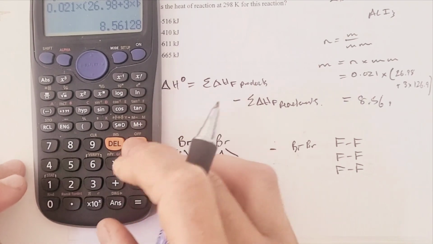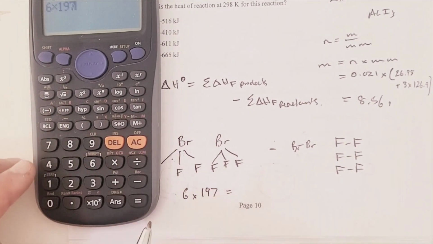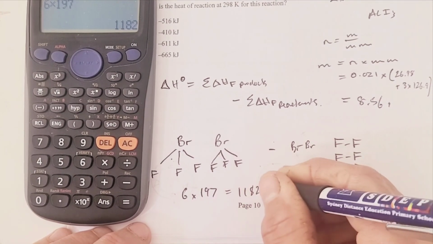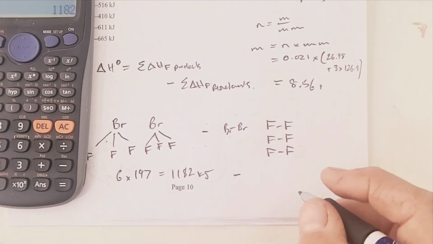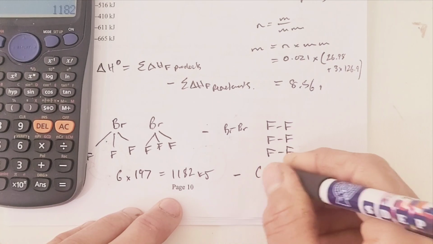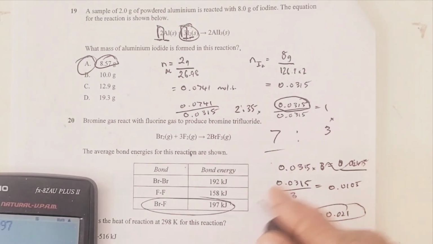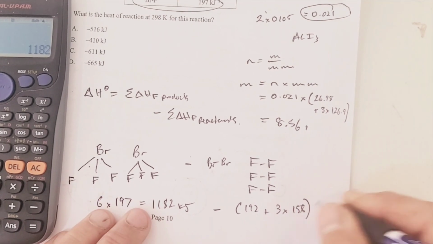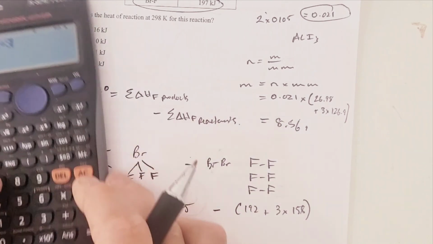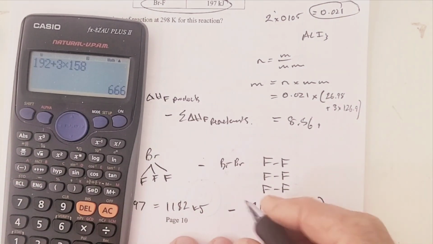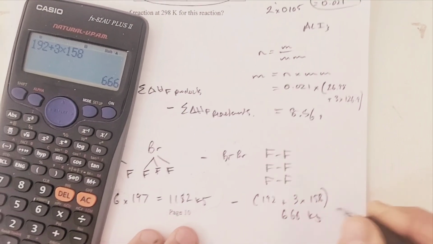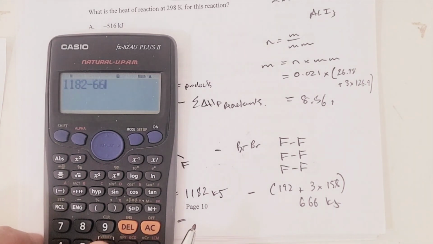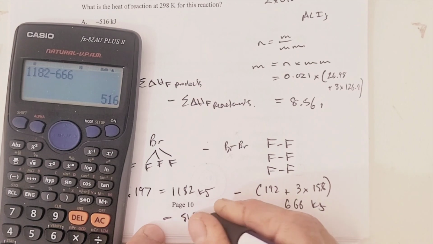And let's have a look. 6 times 197, 1182 kilojoules minus, so that's 192 plus 3 lots of, so that's a Br-F bond, 158, 192 plus 3 times 158, minus 666 kilojoules. 1182 minus 666, 516 kilojoules.